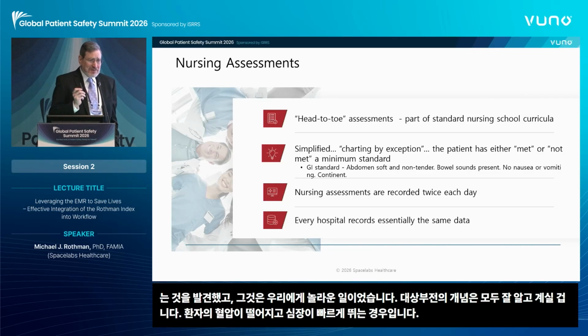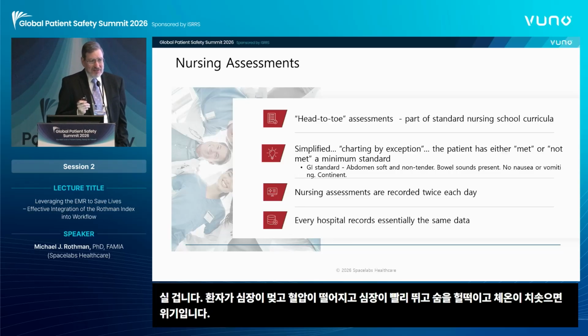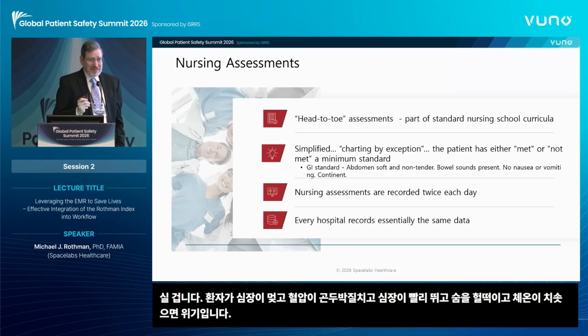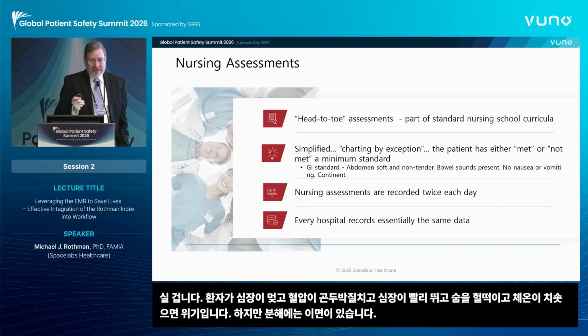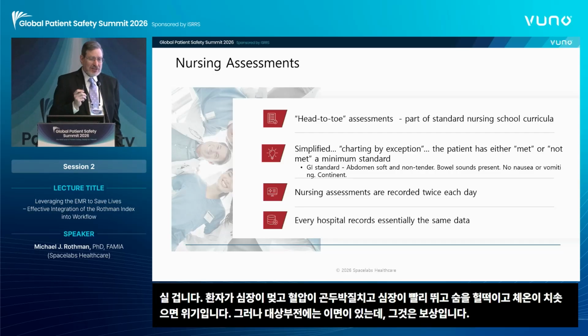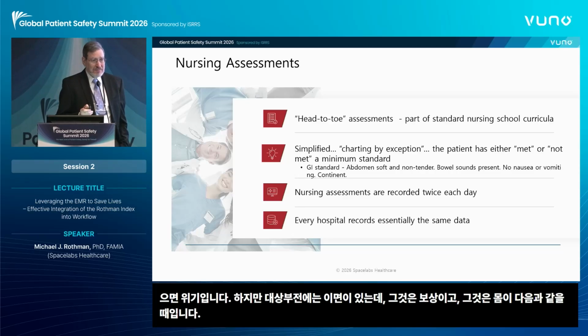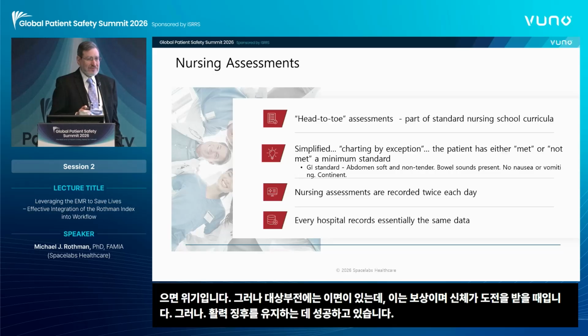But there is a flip side to decompensation, and that's compensation. And that is when the body is being challenged, but is managing to maintain vital signs within a reasonable range. The idea of homeostasis.